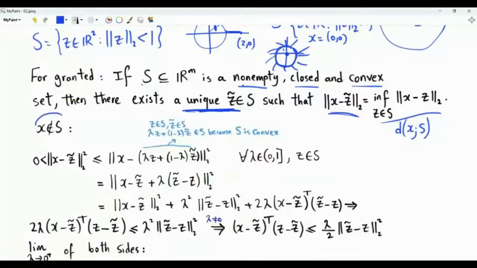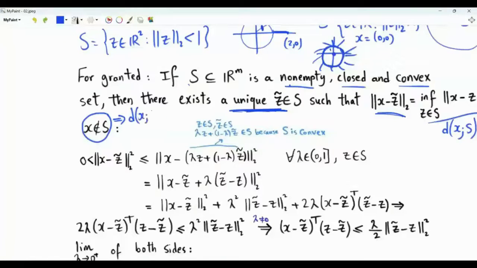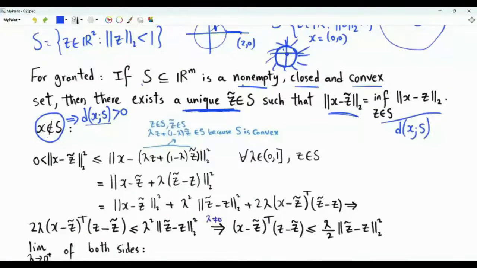Now, let's consider a point x that is outside the set S. This implies that the distance between x and S is strictly positive. Since x does not belong to S, then the L2 norm squared of x minus z tilde, which is the projection of x onto set S, is strictly positive, and by definition this is less than or equal to the L2 norm squared of x minus w for every w that is in the set S. w is written here as lambda z plus (1 minus lambda) z tilde.